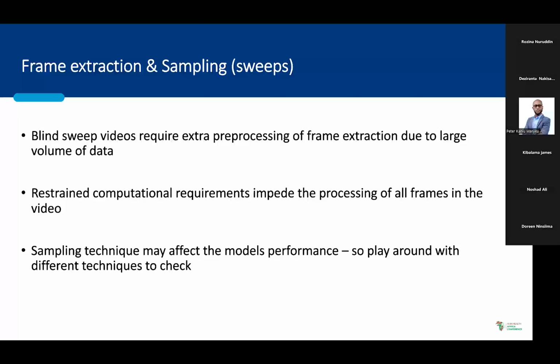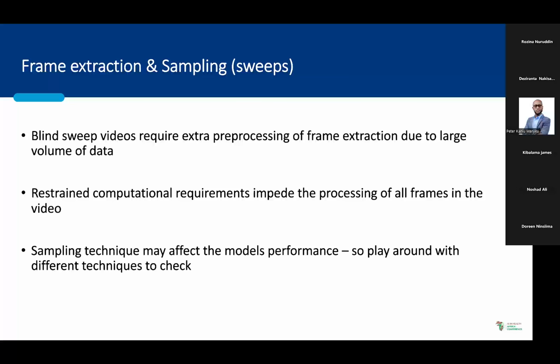Another thing that you may have to care about in preprocessing for the blind sweep data is to not use all the frames in the video, because you could have around 200 frames for a single video. When you take a video, often the consecutive frames don't convey much additional information. So it may be beneficial to only use some of the keyframes rather than all of them.